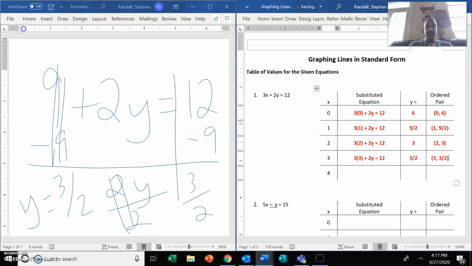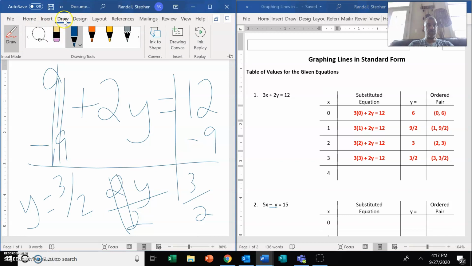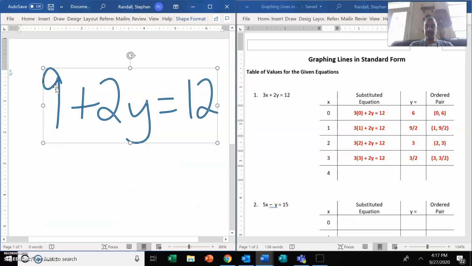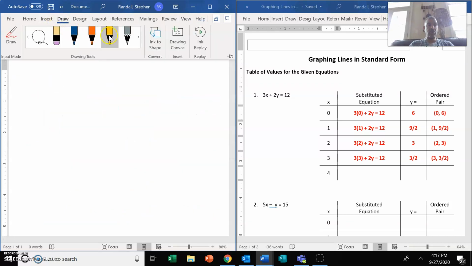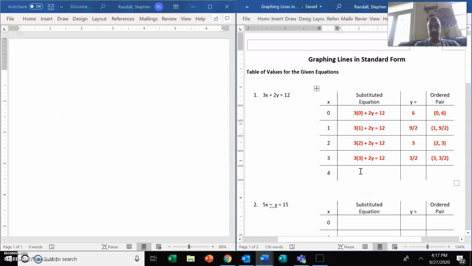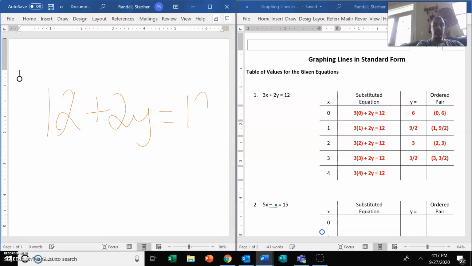And then the last time, let me erase that. Let's draw in orange again. This time x is 4, so I'm going to do 3 times 4 plus 2 times y equals 12. And now I have to solve for y. 3 times 4 is 12, so 12 plus 2y equals 12.